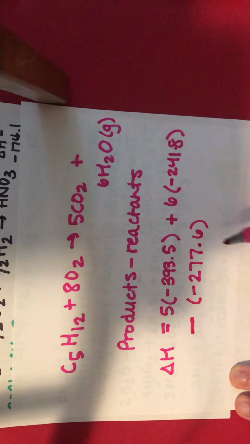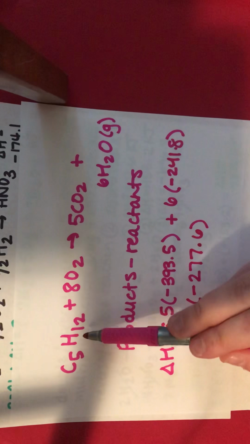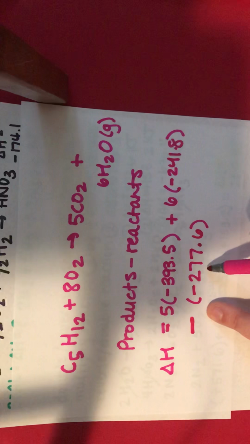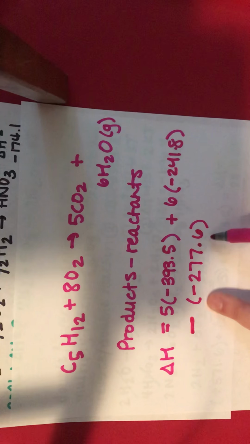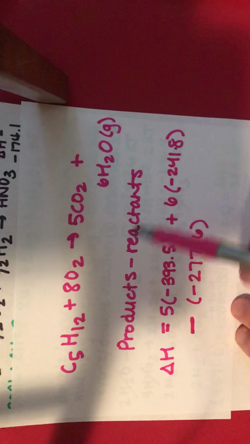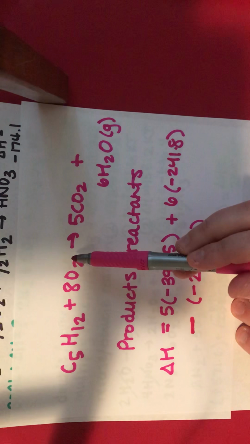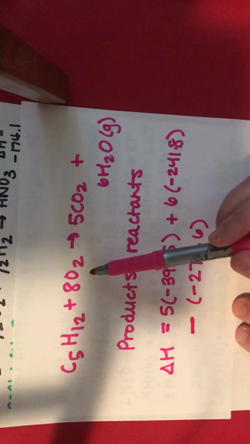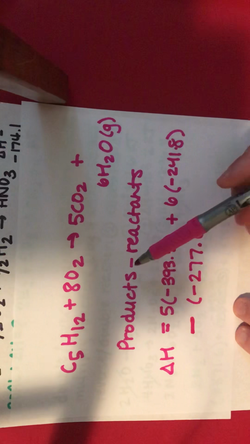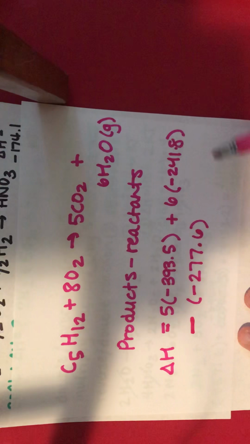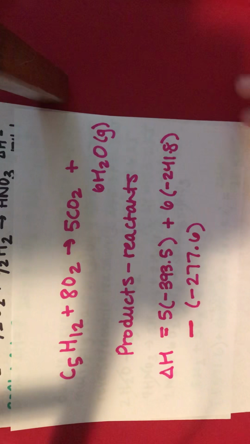The reason why we only have C5H12 as our reactant is because any element in its natural state, which really are the diatomics, has a delta H of 0. It doesn't take any energy, I guess, to get to that point. That's how I would say it.